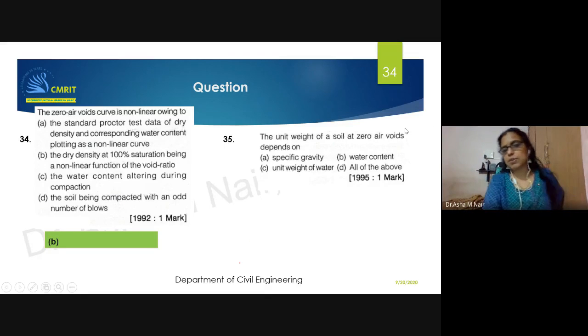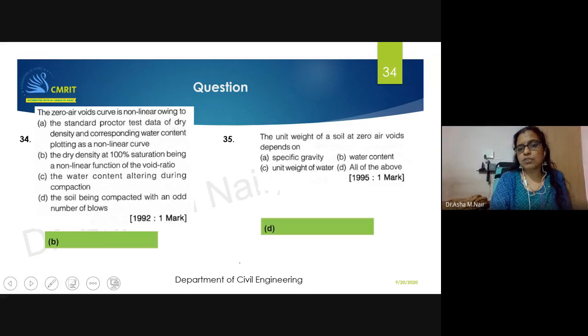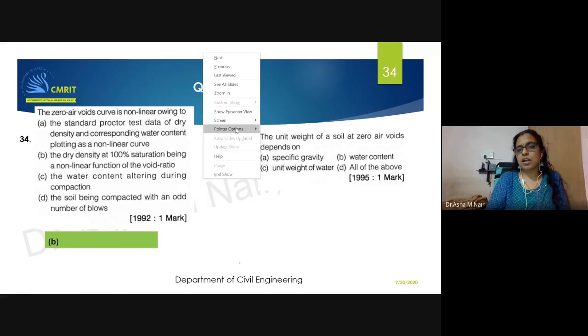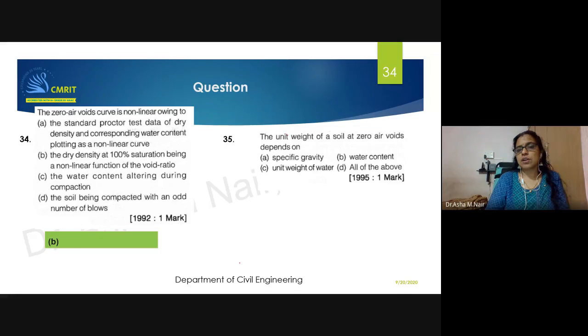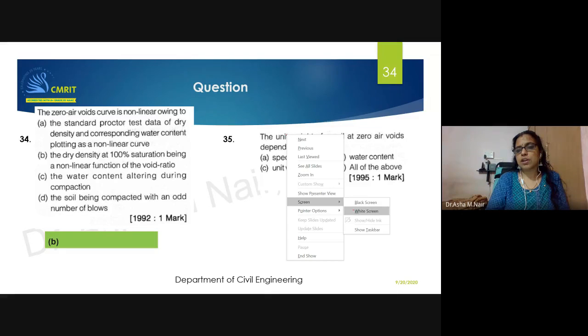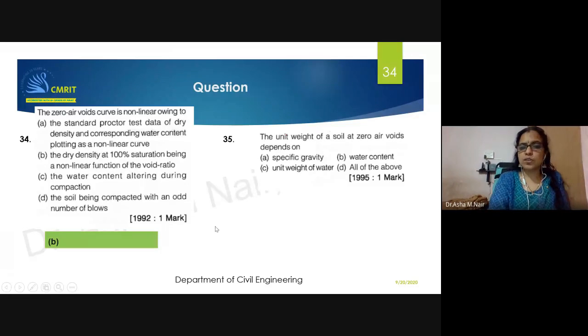How do we get this equation? The unit weight of soil at zero air void content.